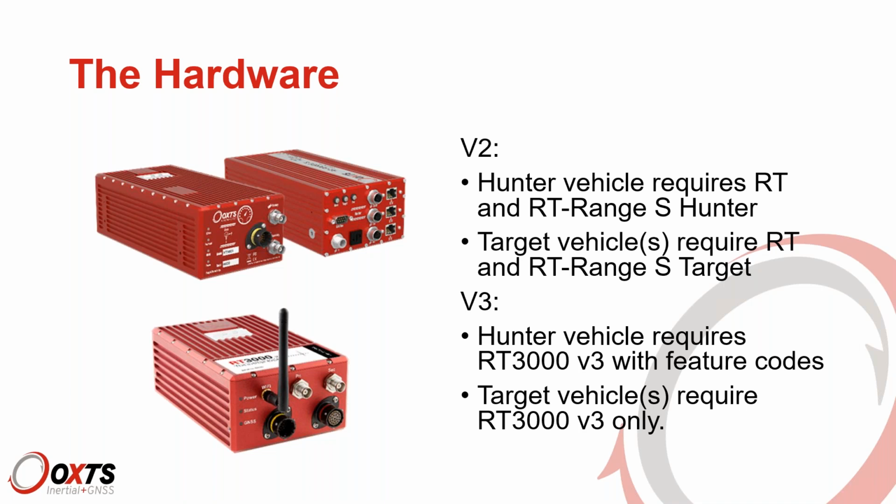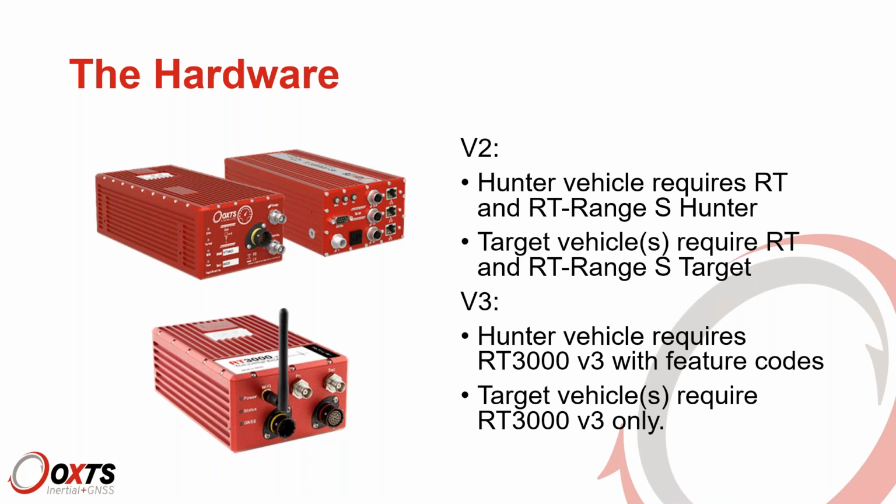So the RT range products that we offer, there are a couple of generations. The latest generation, the V3, the range functionality is contained in the RT3000 V3, which is a combination of RT and range functionality, whereas the previous generation, version 2, there were two separate bits of hardware.